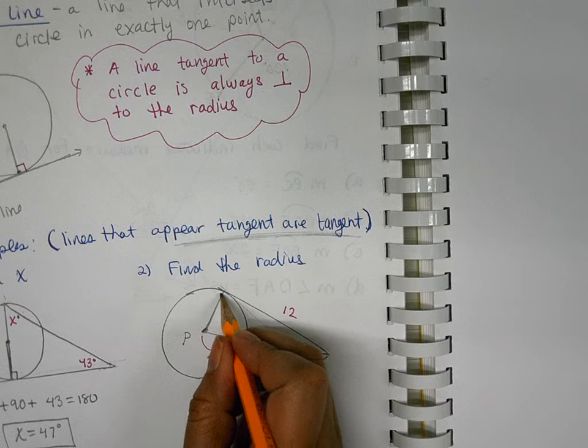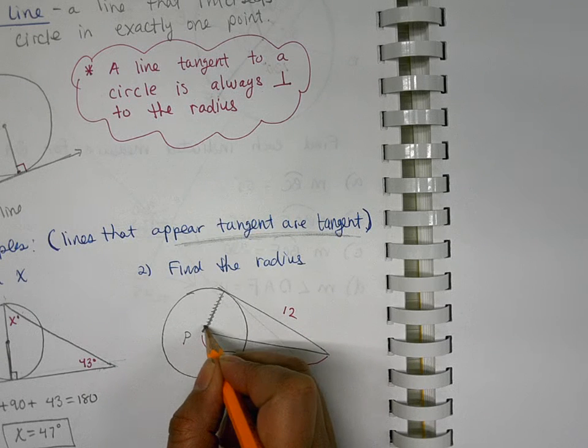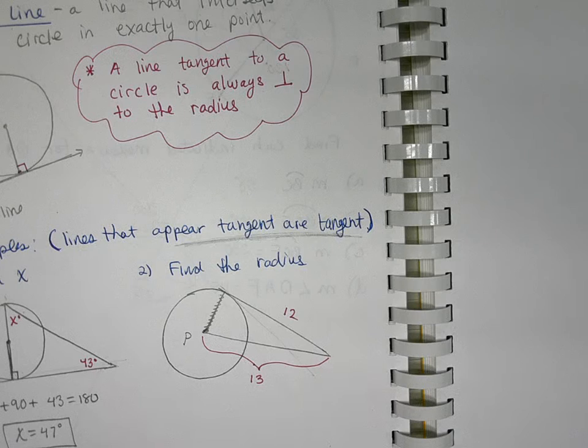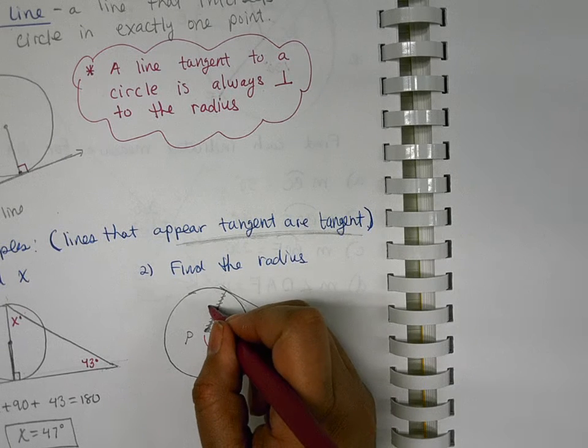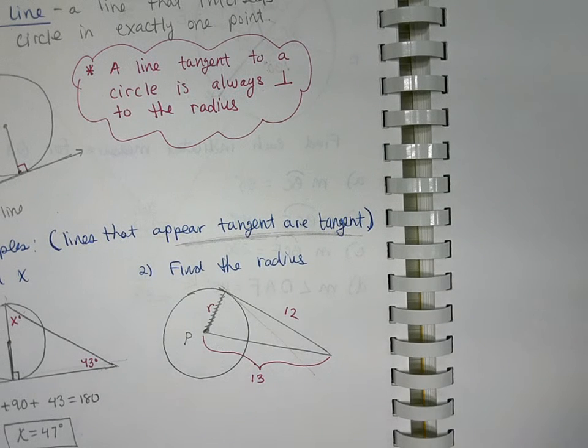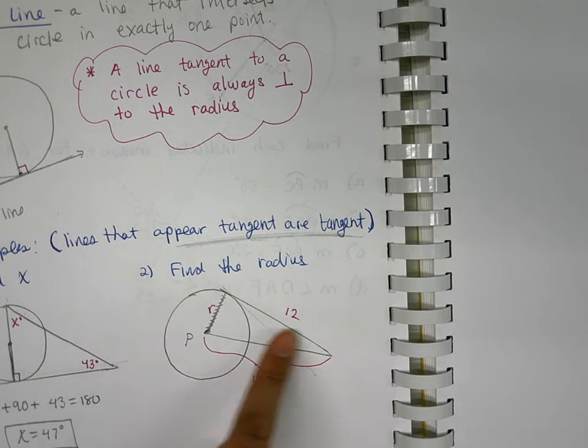Find the radius. Can you see that this here is the radius and what I'm looking for? You can call it X, you can call it A, you can call it R for radius, call it what you'd like, but that is what we're looking for. So how in the world am I going to solve for a side when all I know are these two sides and no angles?